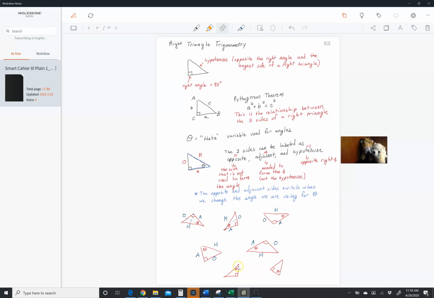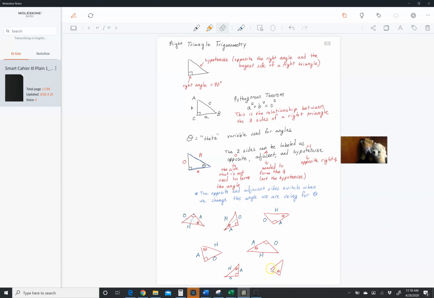Here, the side opposite, we could draw a line through the theta to this bottom side here. That's opposite. The hypotenuse is our longest side. It's opposite the right angle. And then the adjacent is the one that uses both angles. Okay, that helps form both angles.